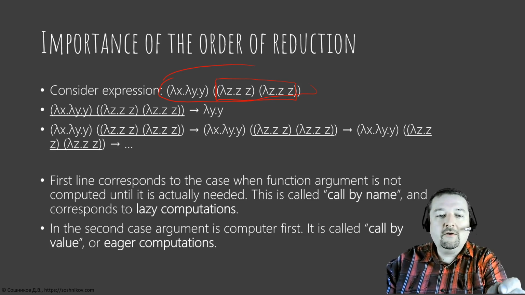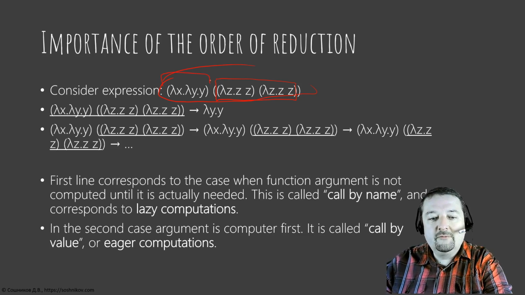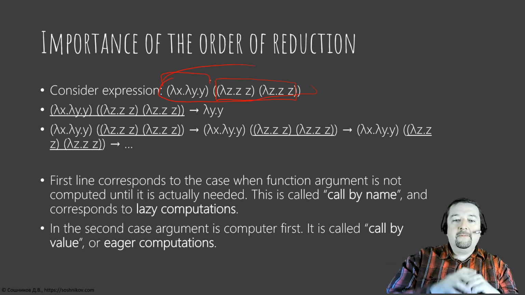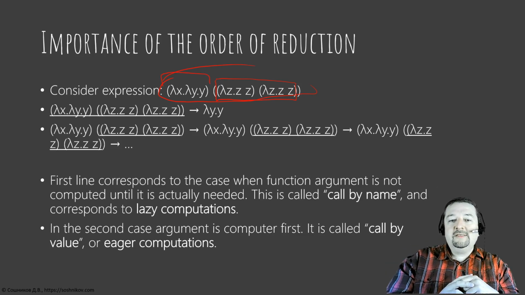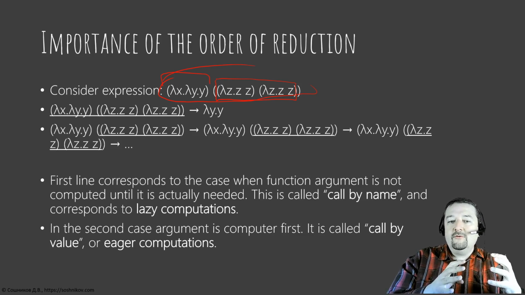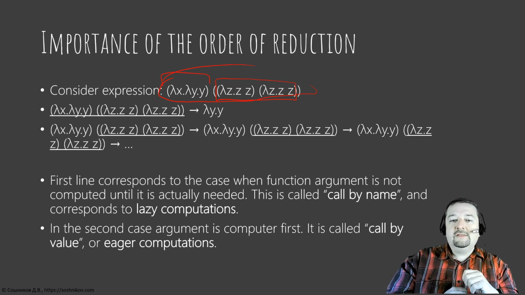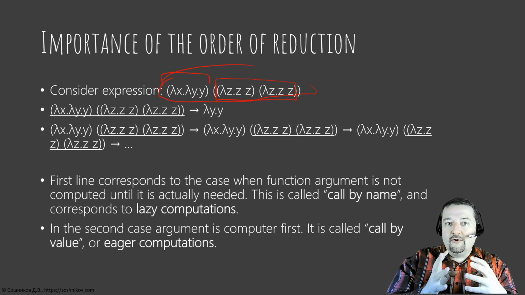And what is the meaning of this first term, lambda x, lambda y, y? It tells us basically to take a function of two parameters and disregard the first one. If we take the function of x and y, and we need to return y, the first parameter is just discarded. And we want to compute this term applied to this infinitely recursive, infinitely loopy term.